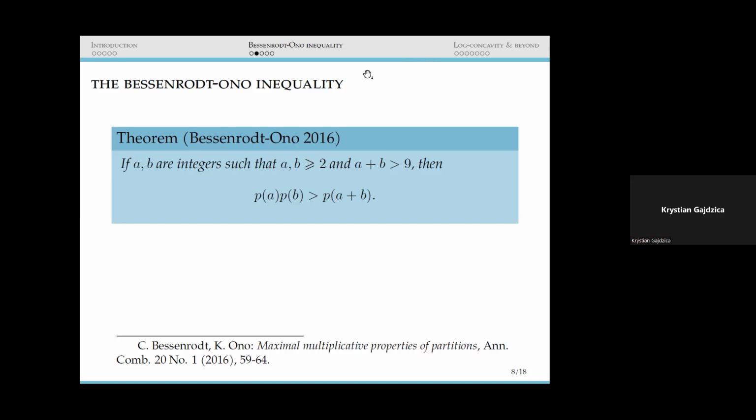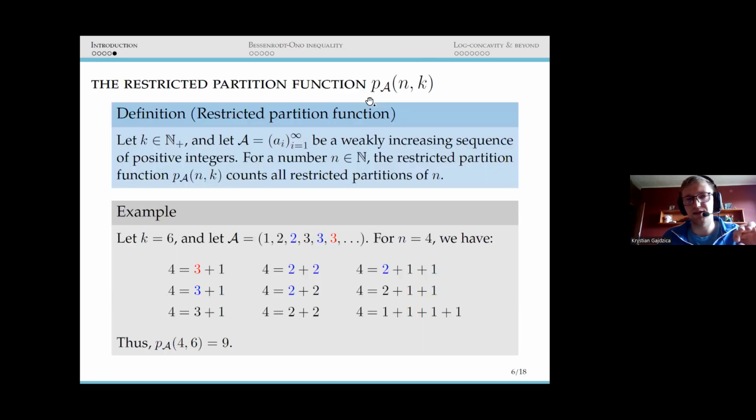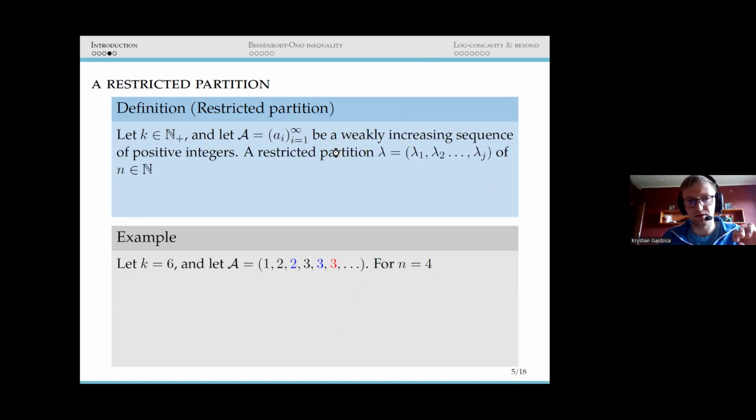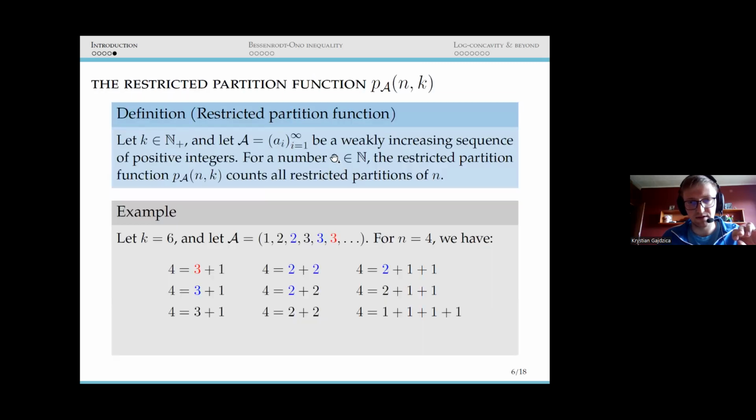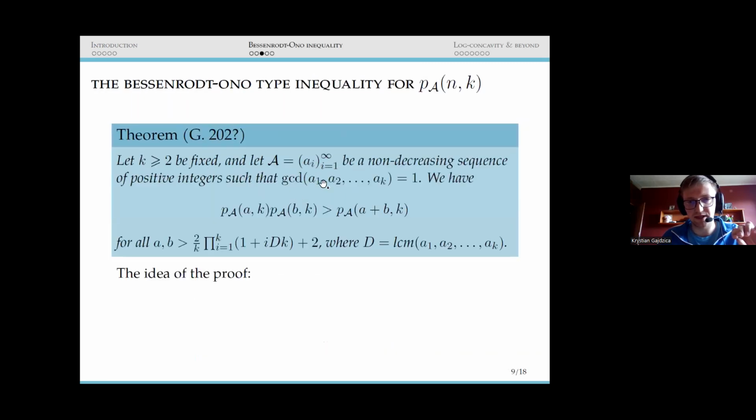So you are talking about the assumption that the greatest common divisor of A1 up to AK equals 1. Right. So are there any other conditions that people have considered over here?